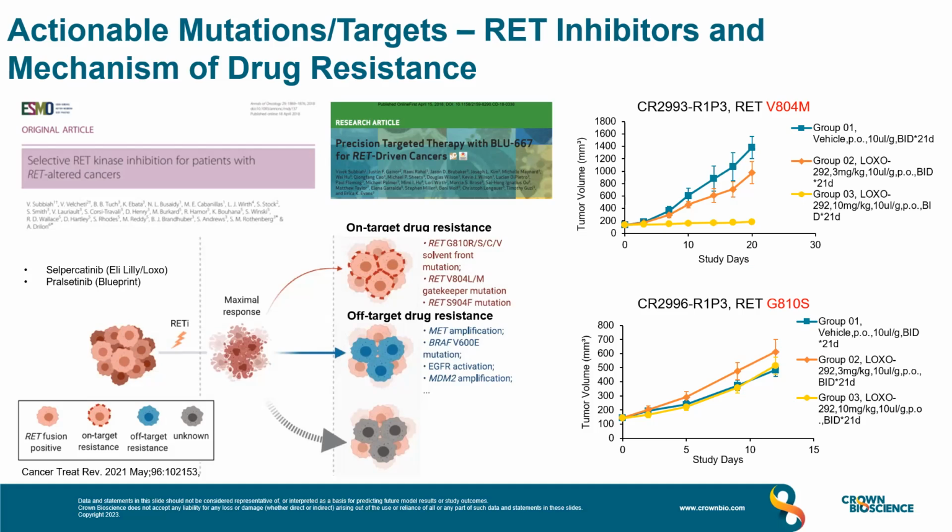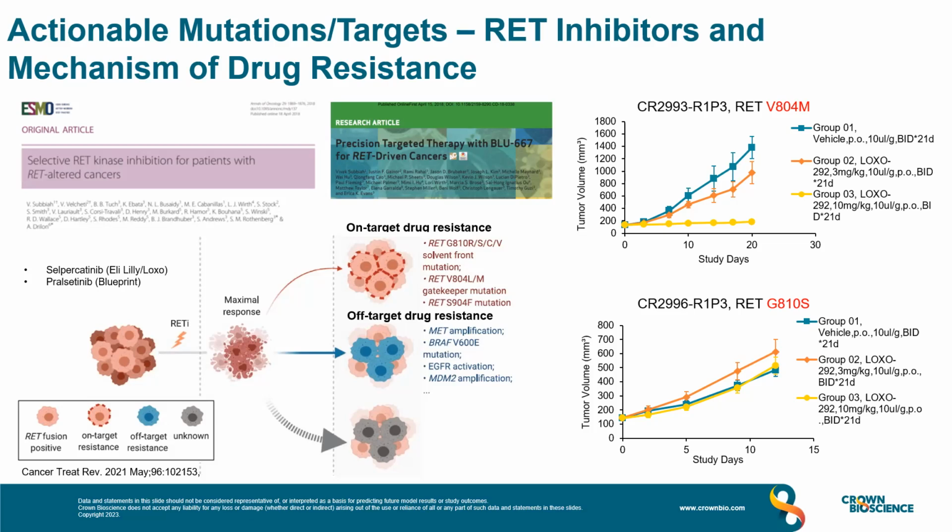So subcutaneous PDX models were treated with a 3 mg/kg dose of LOXO-292. Any tumors that outgrew under treatment were isolated, replanted, and then dosed again with 3 mg/kg or 10 mg/kg. And 2 of those colorectal models are shown here on the right.